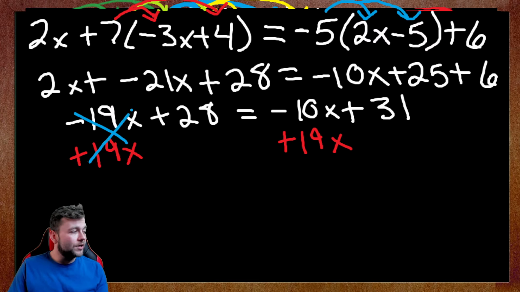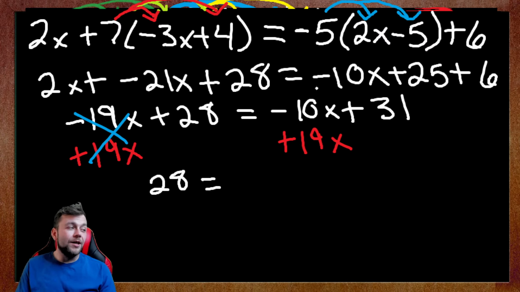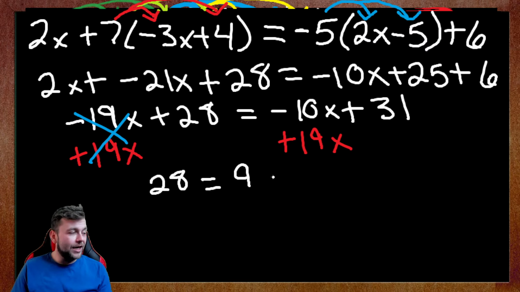It cancels out into a 0. So we have a 28 equals, what is a negative 10x plus 19x? It's 9x plus 31. Okay? So 28 equals 9x plus 31.